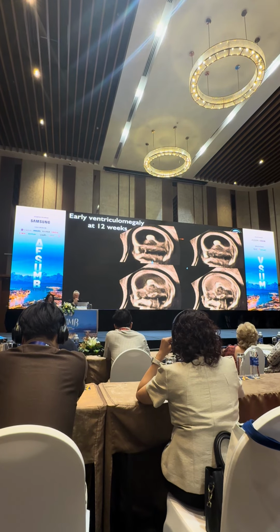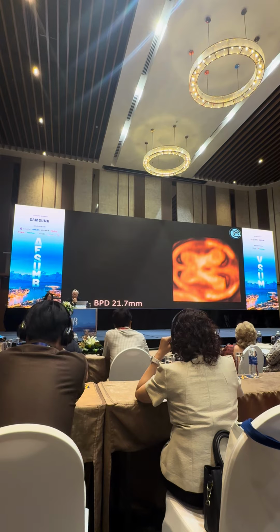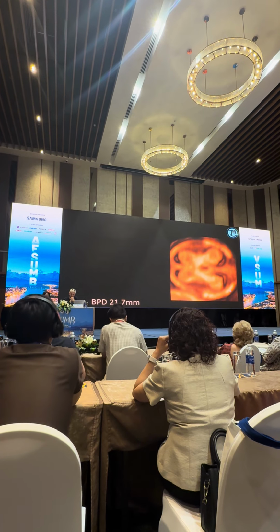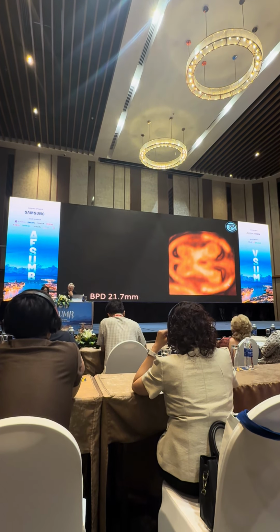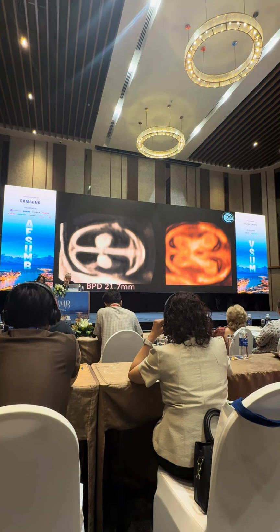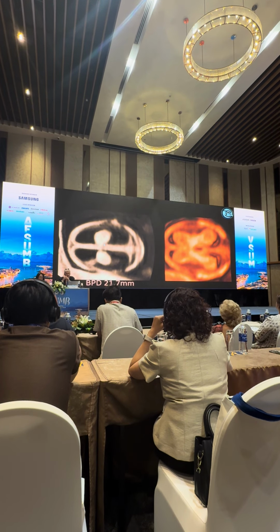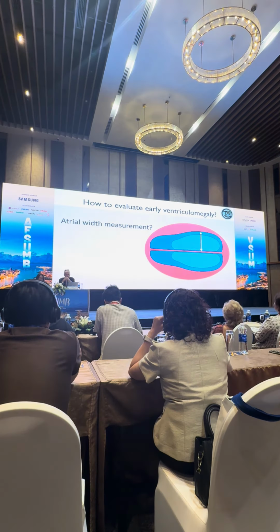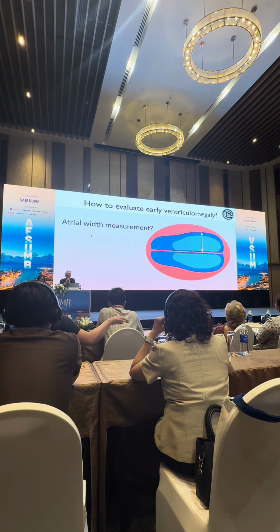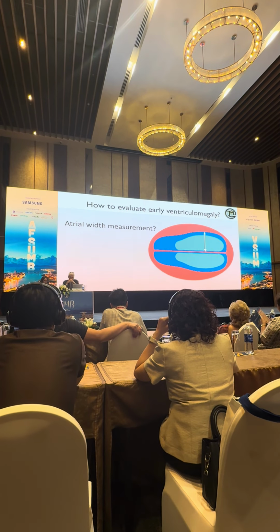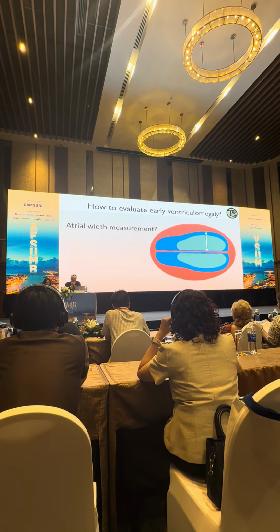weeks of gestation. Usually, I told you that the choroid plexus is like this, it is called the butterfly sign. But here, this is a very small choroid plexus, and here you can see how to evaluate early ventriculomegaly and the atrial width measurement.